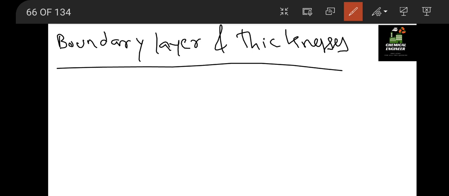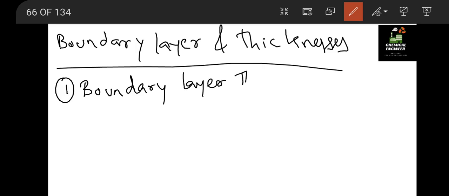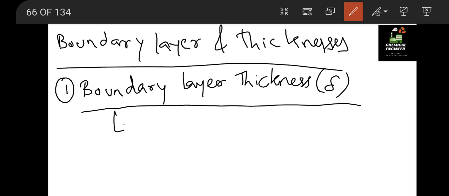So let me see boundary layer thickness. So this is given as delta.